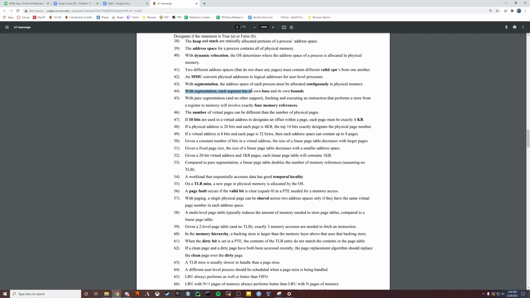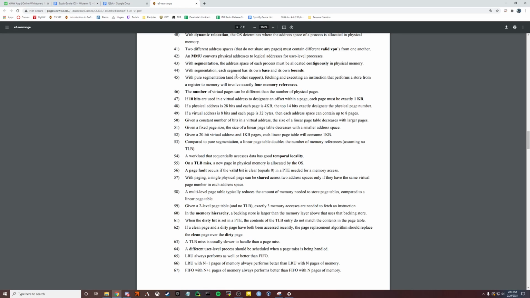44. With segmentation, each segment has its own base and its own bounds. I think that's true. So I think so. Okay. With pure segmentation and no other support, fetching and executing an instruction that performs a store from register to memory will involve exactly 4 memory references.